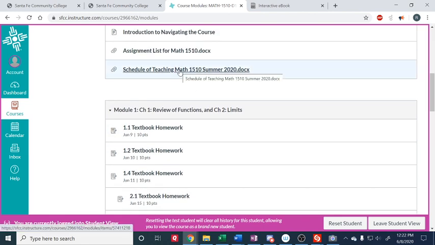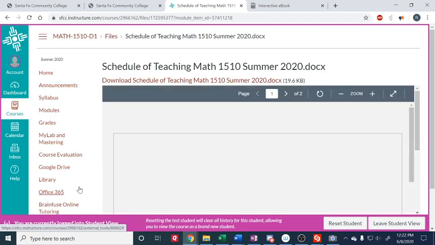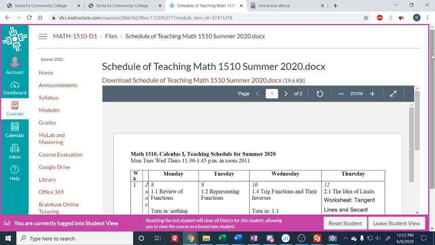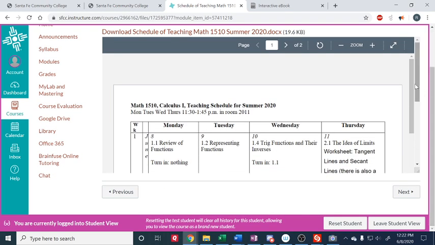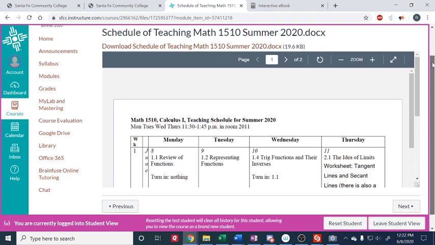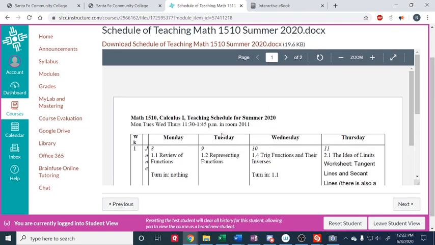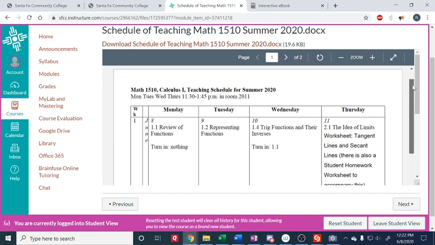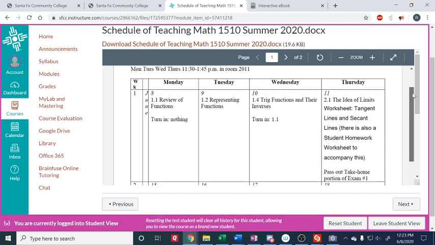Then the schedule. So let me pull up the schedule real quick. If you're going to print these things, you're probably familiar with this already, but if you print from this screen, it doesn't come out very good. If you click on the download first, download it, open it up, and then print it, you get a much better printout.